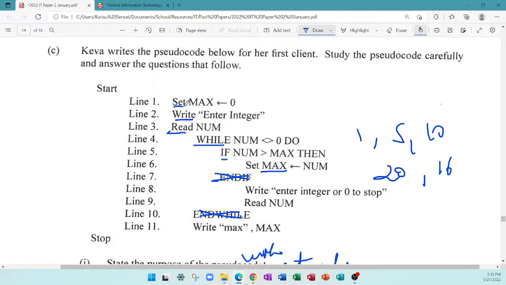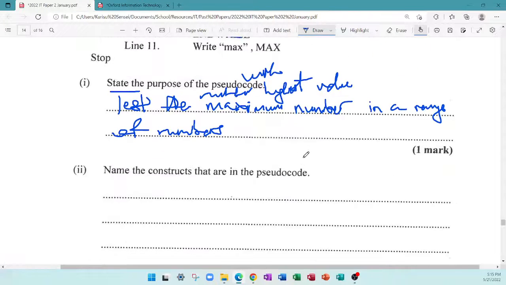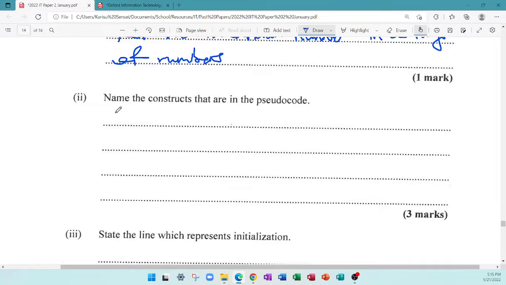Set could be one because it's given us the instruction there, but I've never seen set used, because it's not one of the popular ones, but it's mainly write, read, while, and if. Those are the keywords that we have there. So that's the answer for this question here, the constructs in the pseudocode.